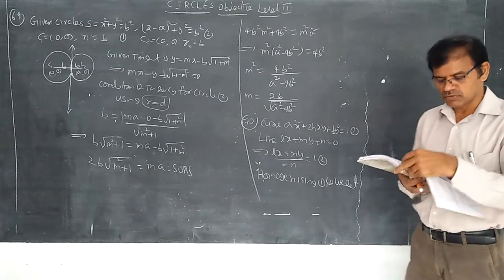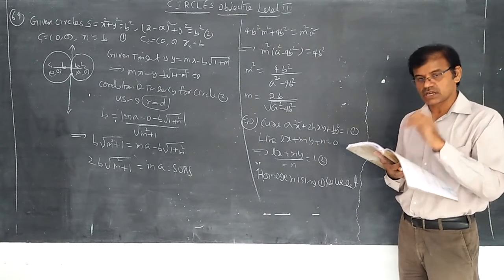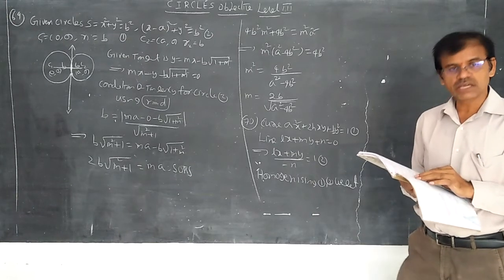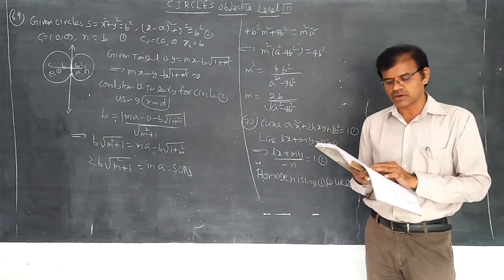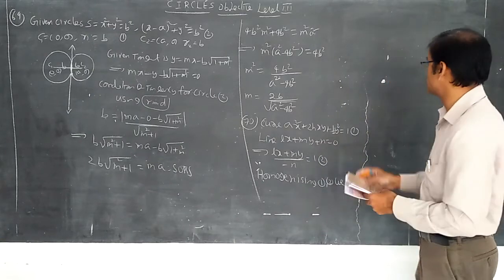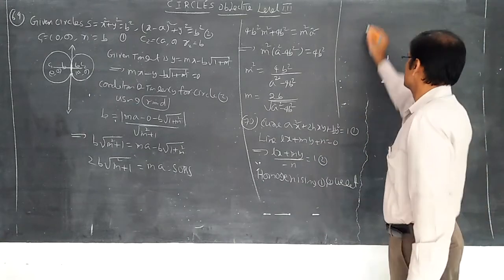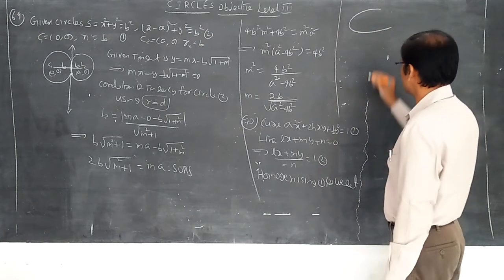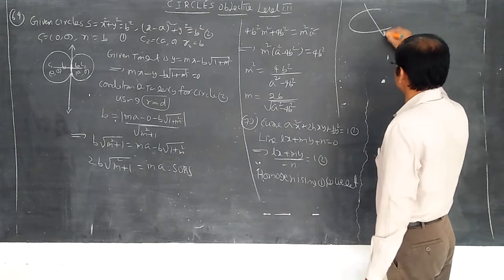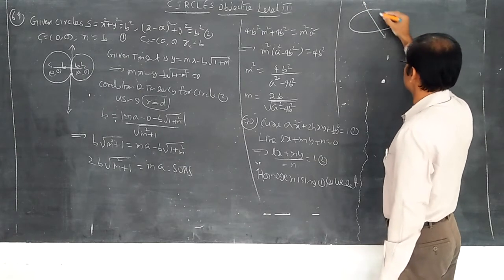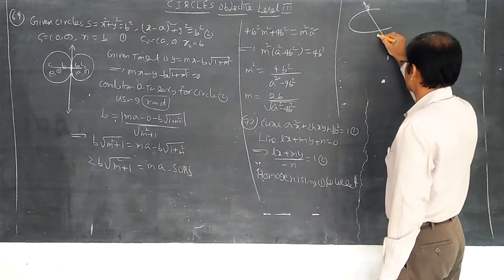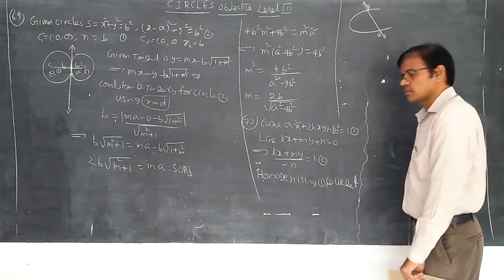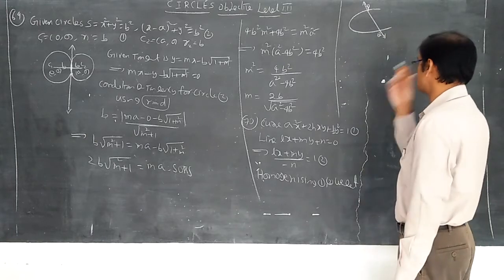The line lx + my + n = 0 intersects the curve ax² + 2hxy + by² = 1, and the circle with PQ as diameter passes through the origin is the condition. Let us draw the curve like this, a rough curve. A line lx + my + n = 0 intersects the curve at two distinct points.